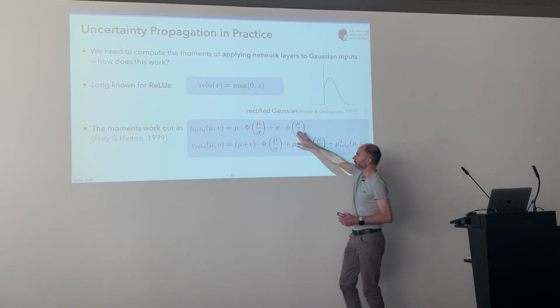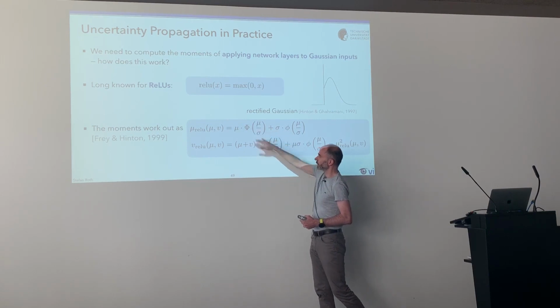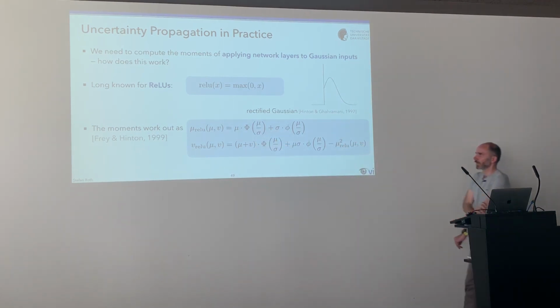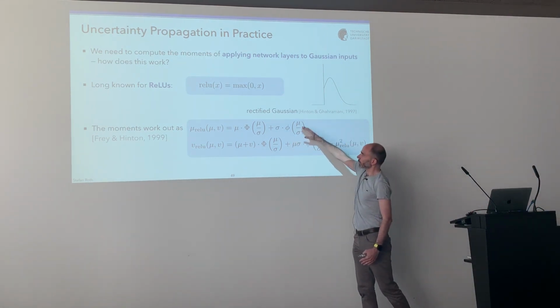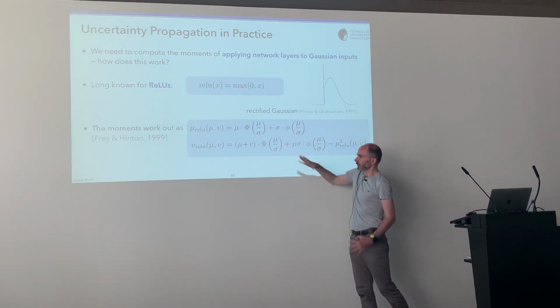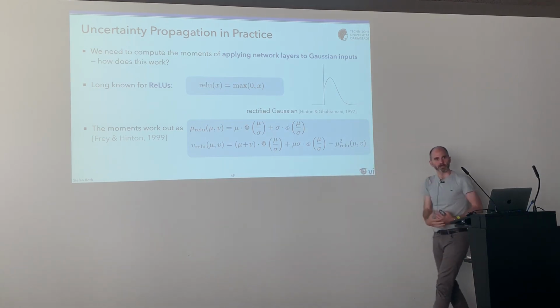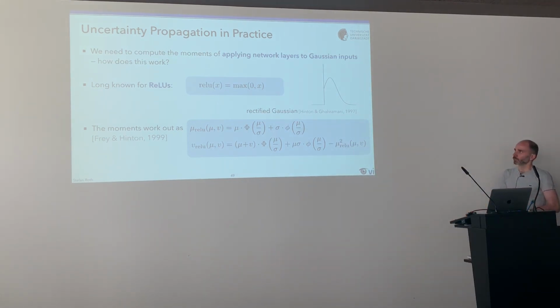You just need basically the Gaussian density and the cumulative distribution function of a Gaussian, and then you can directly compute the mean and the variance of the activation. Okay, so fairly simple. As opposed to just doing the ReLU, you basically apply these two rules and store the mean and the variance of the activation after the ReLU. Okay, so that's fairly simple.